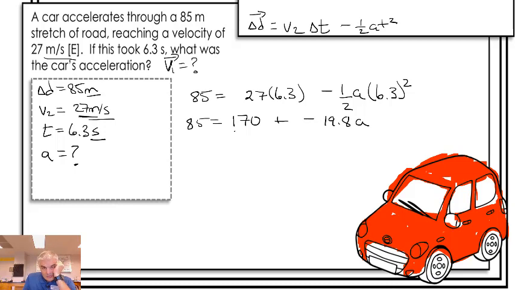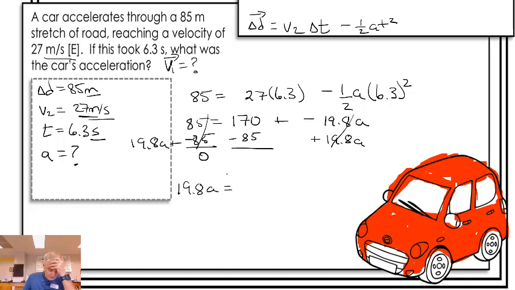Now I need to get all the letters on one side and all the numbers on the other. I'm going to subtract 85 from both sides, algebra, so that this becomes 0. Then I'm going to add 19.8A to both sides. This cancels, and this cancels, and I can say 19.8A is equal to 170 minus 85.